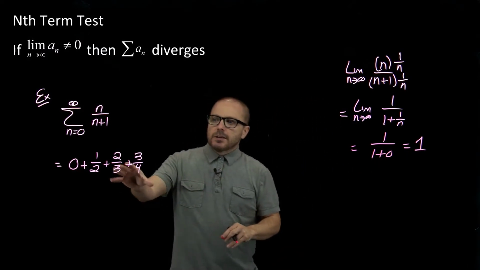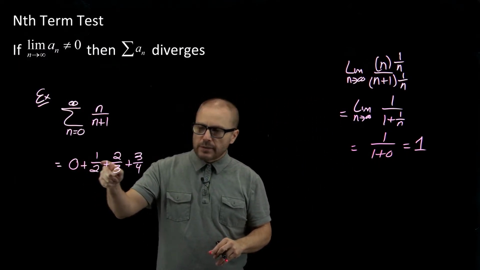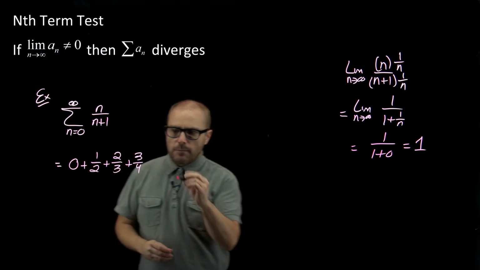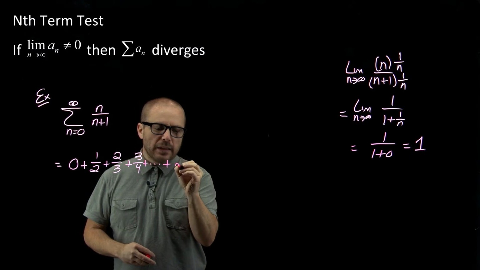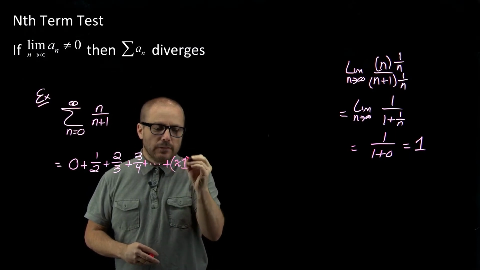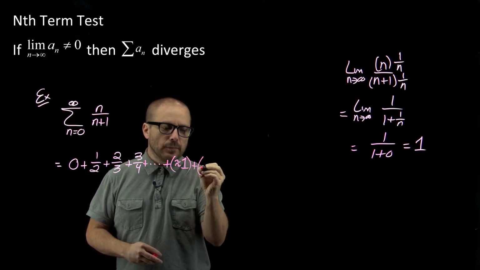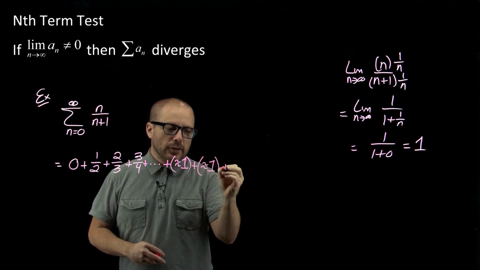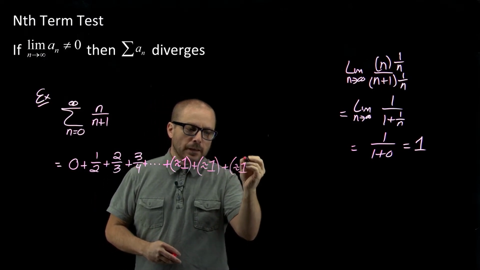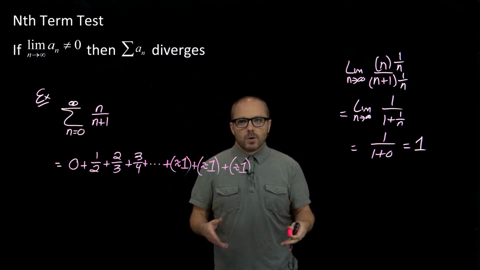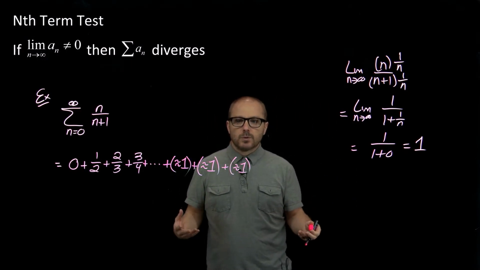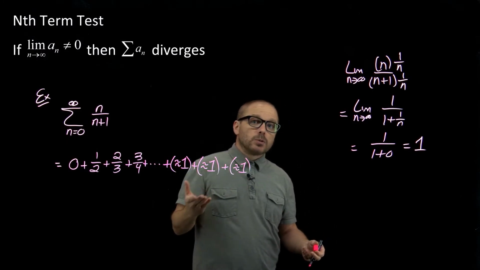So what does that mean over here? It means that we have this infinitely long sum, but eventually you are adding something that's basically 1, very close to 1. Then you're adding something very close to 1. Then again something very close to 1. So really, for large n, your sum is just 1 plus 1 plus 1 plus 1 plus 1 plus 1, something very, very close to that, right?